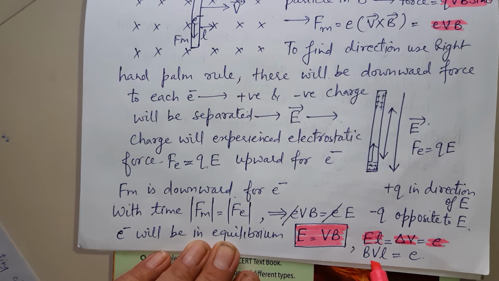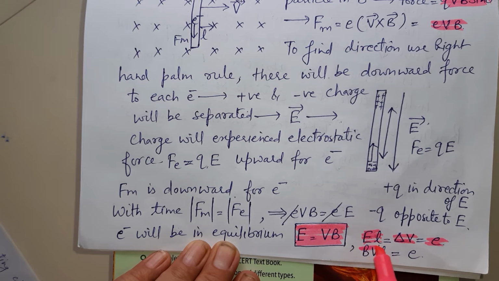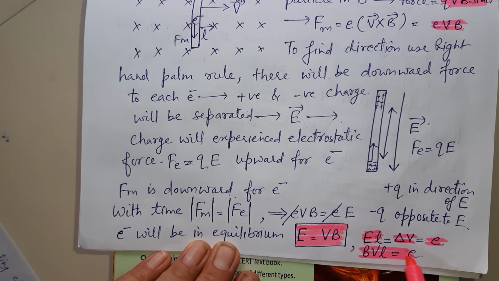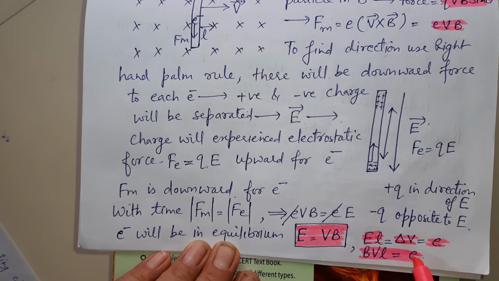Now E is equal to VB. So the induced EMF is equal to BVL. In short, we can remember it like Balwant, BLV. Induced EMF is equal to BLV or BVL.